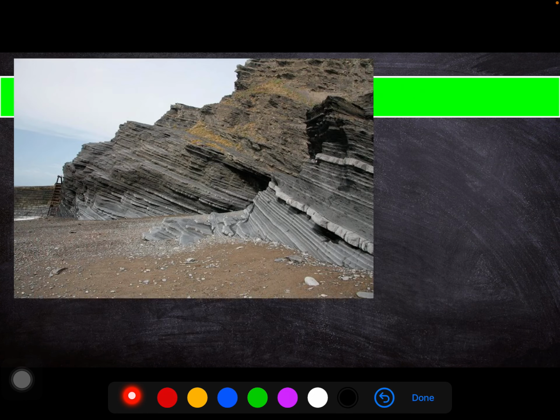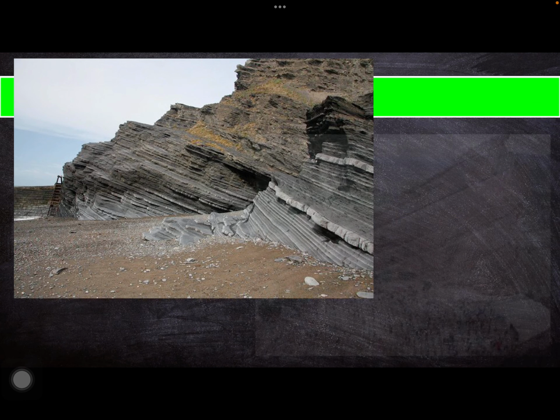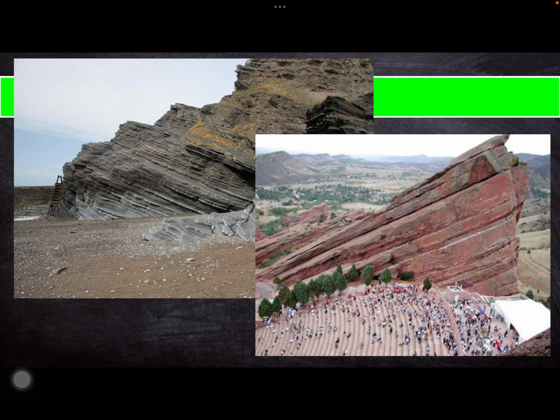The next deformation we're going to look at is this one. Again, we can see these super nice, pretty consistent layers, like they're one right after another. And there's not a whole lot of change to them, right? They're just, hopefully you can recognize, tilted. They're tilted here. Here's another example.